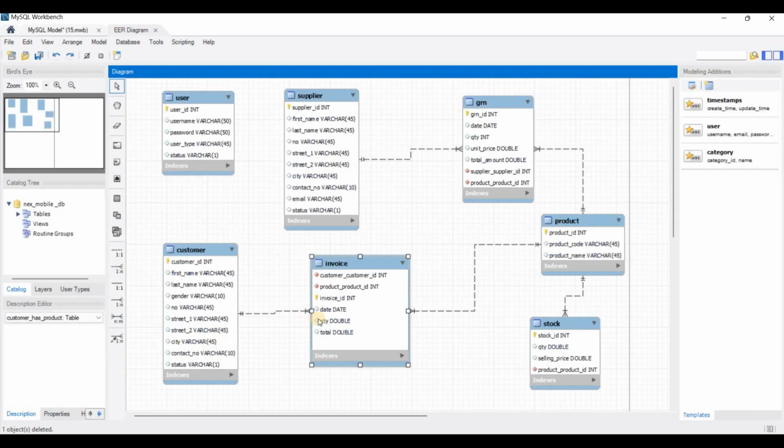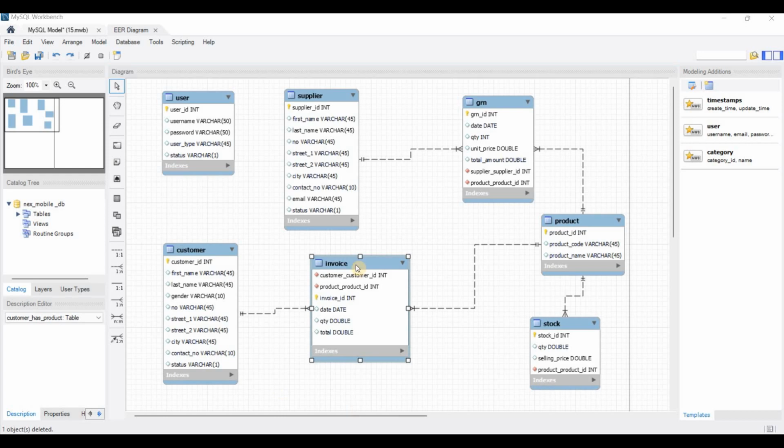That relationship also has been auto generated because the relationship between customer and the product is many-to-many, and a new table has been auto generated. We have changed the table name into invoice table. So this is the relationship between customer, invoice and the product table.